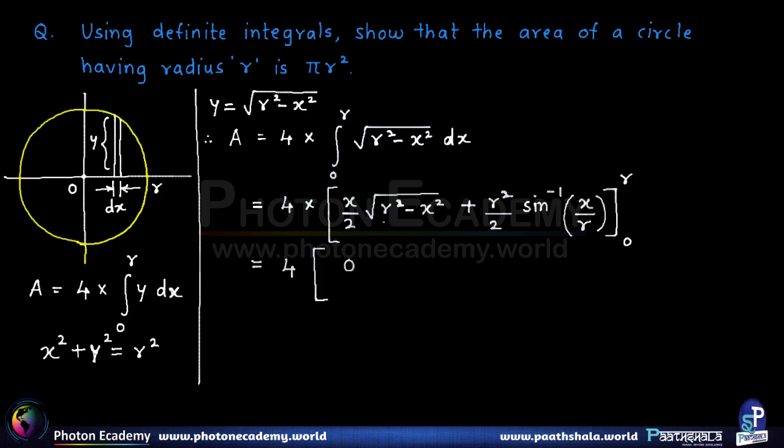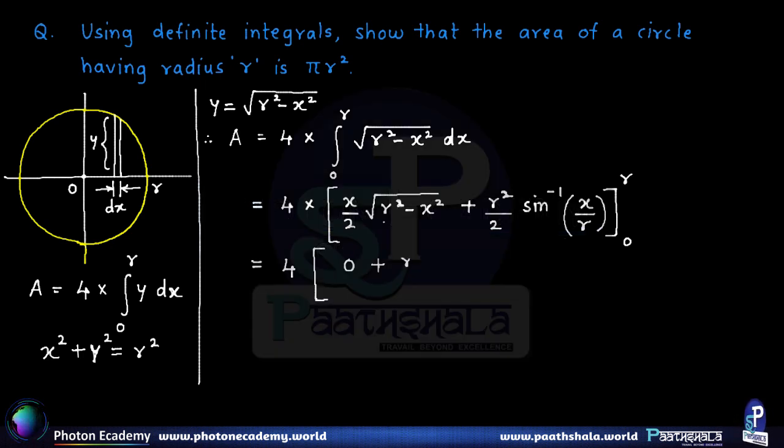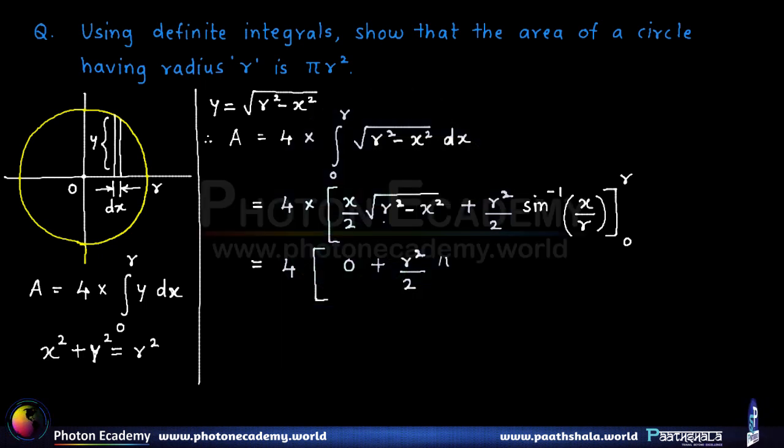Now the second term is r square upon 2, which remains as it is, into sine inverse of x upon r. When you put x as r, we get r upon r as 1. So sine inverse of 1 is nothing but pi by 2, which is 90 degrees. So this is the expression that we get after putting the upper limit.